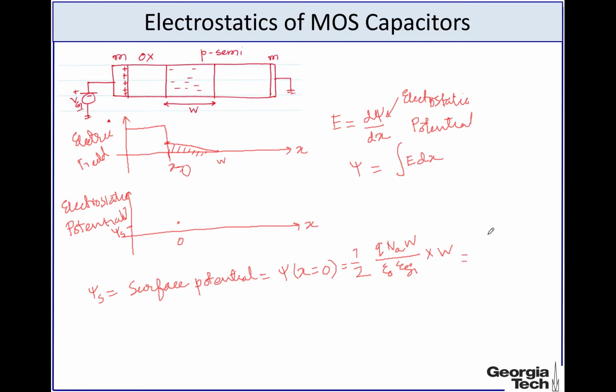So finally what we get is the value of electrostatic potential for a given depletion width is this much. Alright, so now we can calculate the electrostatic potential from the electric field through this integration, and if we do that, the entire curve will look something like this.